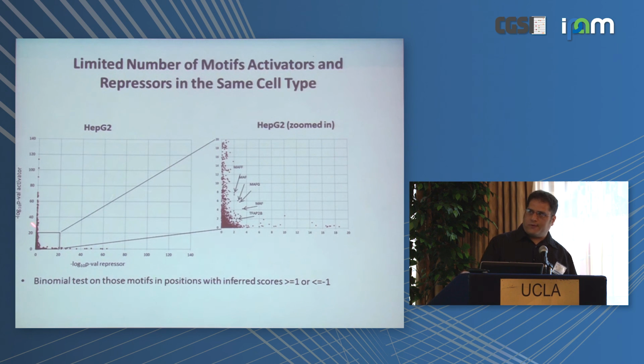It turned out most things fell on the axis. We had a large number of activators, some repressors, but there were a few compelling cases of both. We did see some examples like the MAF family, which are known to be involved in both. But in most cases, when looking in the specific cell type in this experiment, most motifs had a clear preference for one or the other.